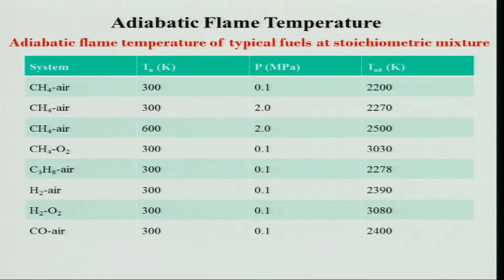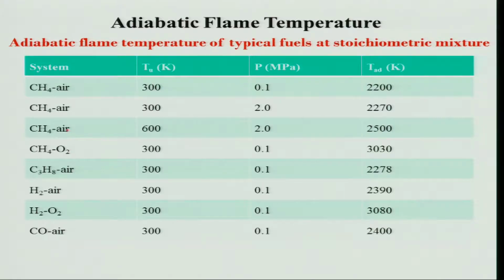If I change the inlet temperature to 600 Kelvin, you find a difference of around 230 Kelvin. Generally, people roughly say that you add the inlet temperature to the adiabatic temperature corresponding to 298 or 300 Kelvin.